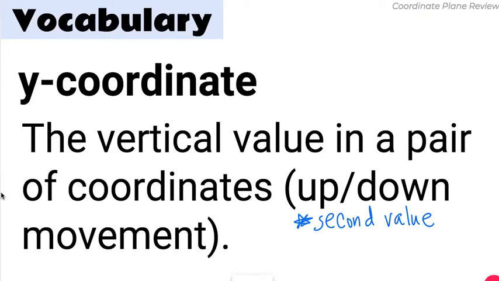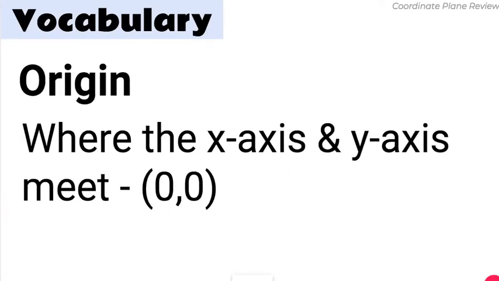One very important coordinate that you do need to know about is called the origin. The origin is where the x-axis and the y-axis meet. So the x-axis and the y-axis meet at (0, 0). It's basically the center of the coordinate plane.